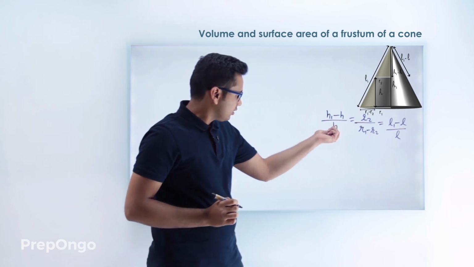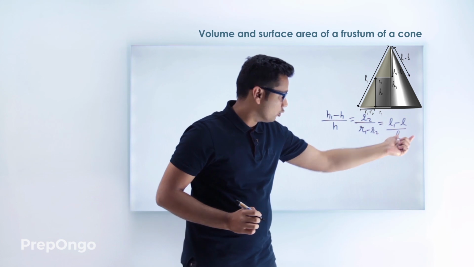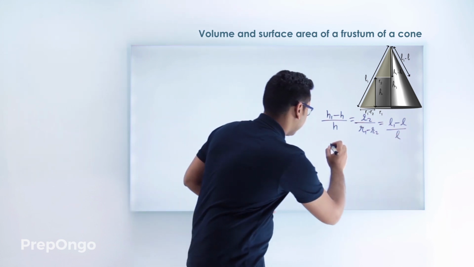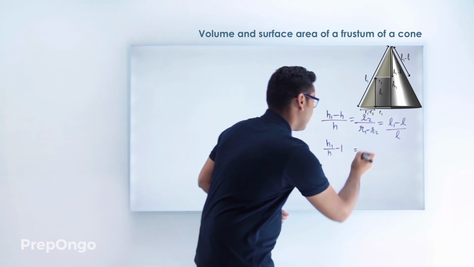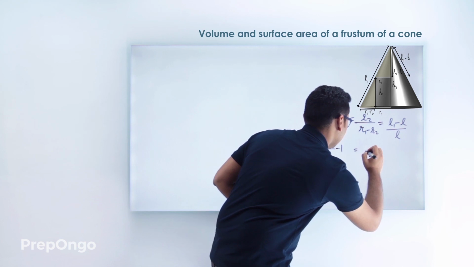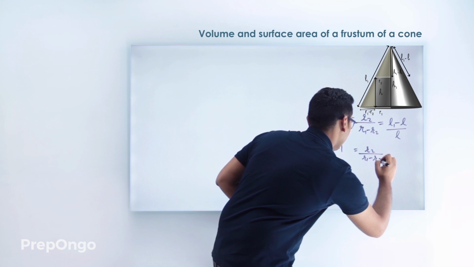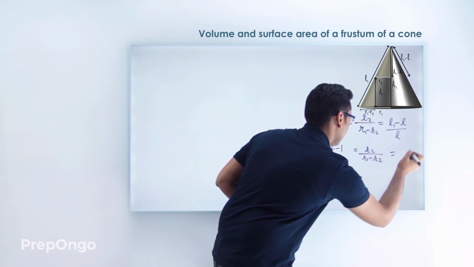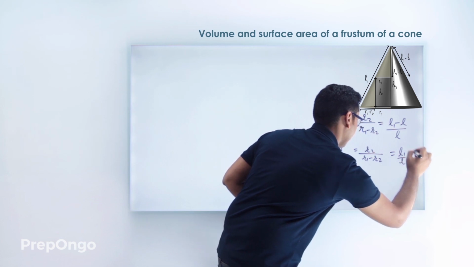Now if we divide this h from the whole term and this l from the whole term, we'll get h1 by h minus 1 is equal to, this will remain as it is, r2 upon (r1 minus r2), and is equal to l1 by l minus 1.